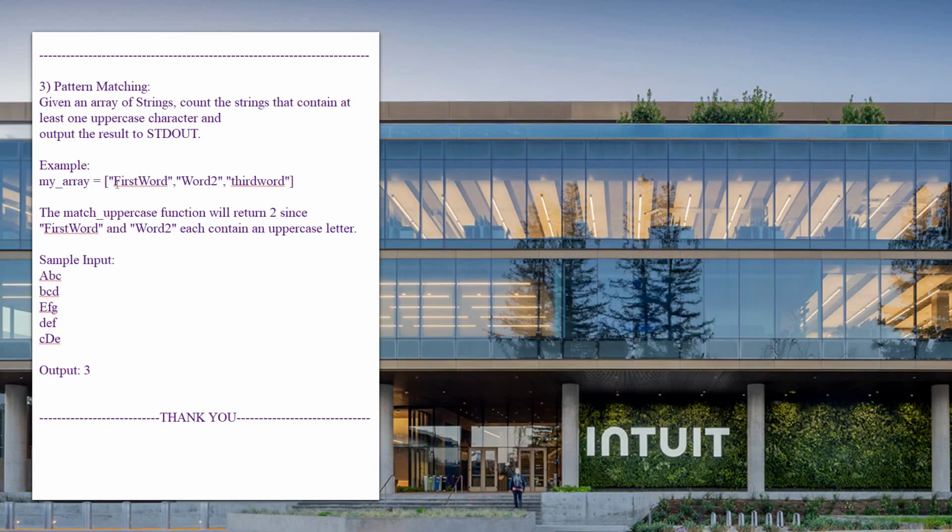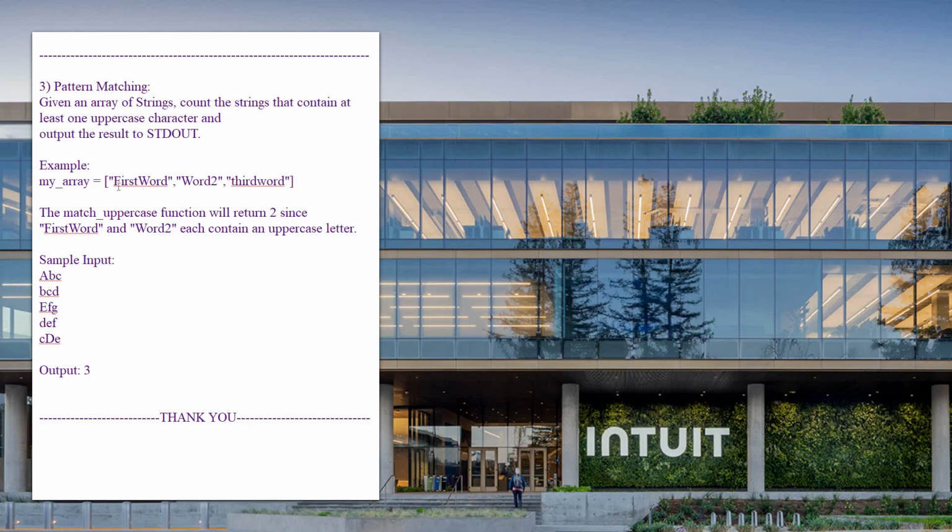So here if you go through this string, you can see there is one uppercase letter in this, and in the second string we have W. You have to traverse the complete array and also each letter in the string.